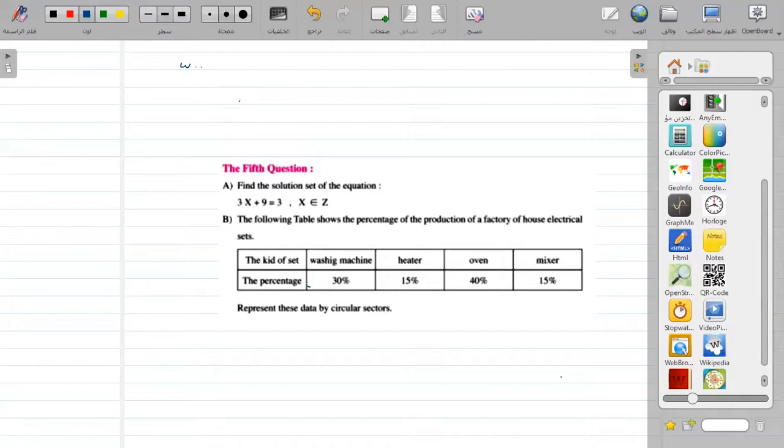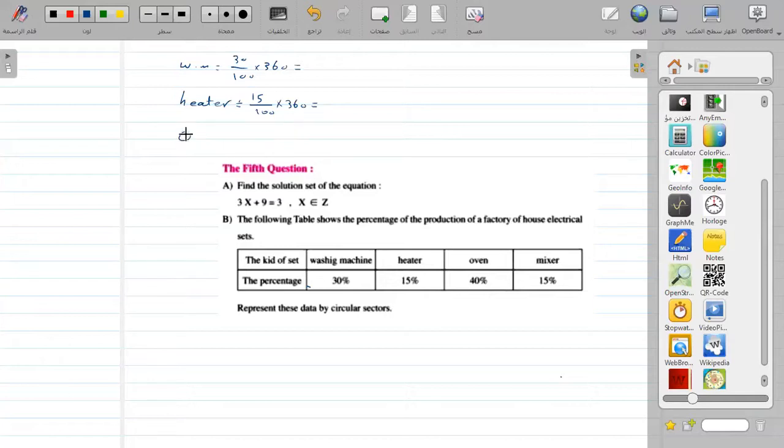How do I get the angle of the washing machine? 30% means 30 over 100 times what is the sum of the measures of the angles, 360. This is the washing machine. Heater equals 15 over 100 times 360.